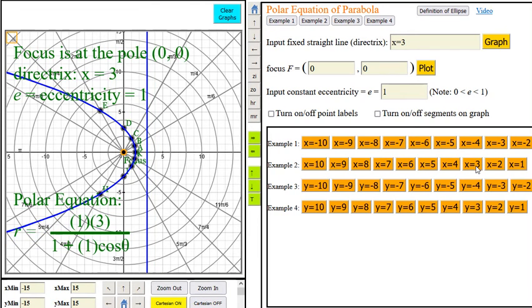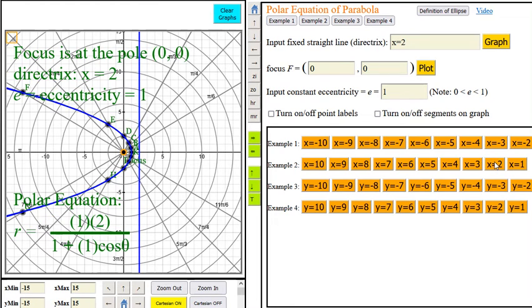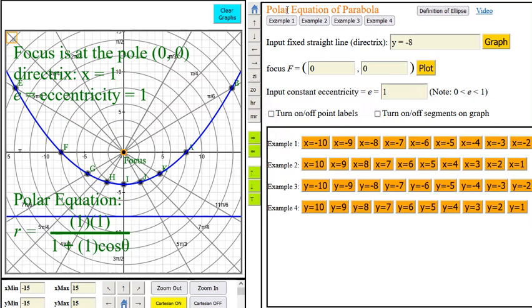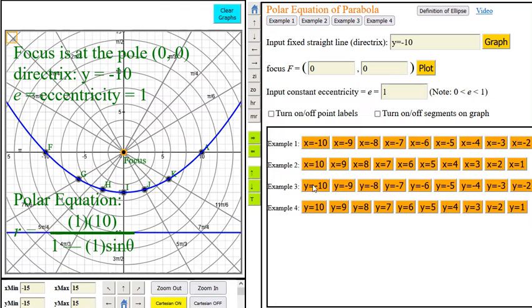Here's directrix x equal to 3, so we get 3. Then directrix x equal to 2, and directrix x equal to 1. Now let's look at the types that open up.